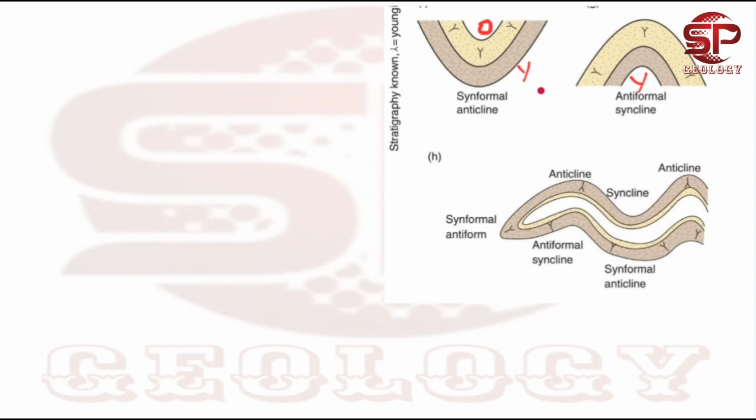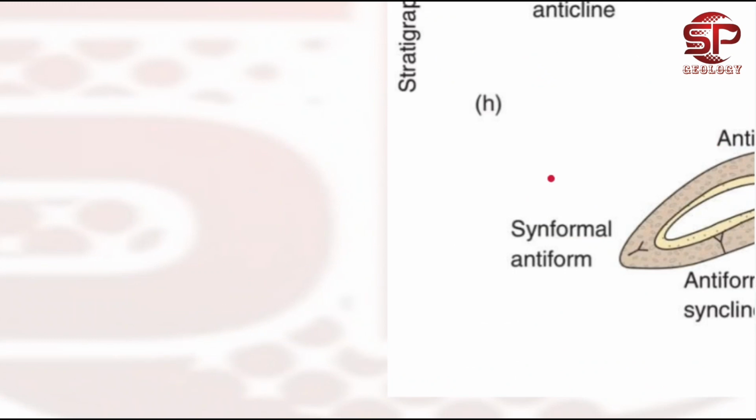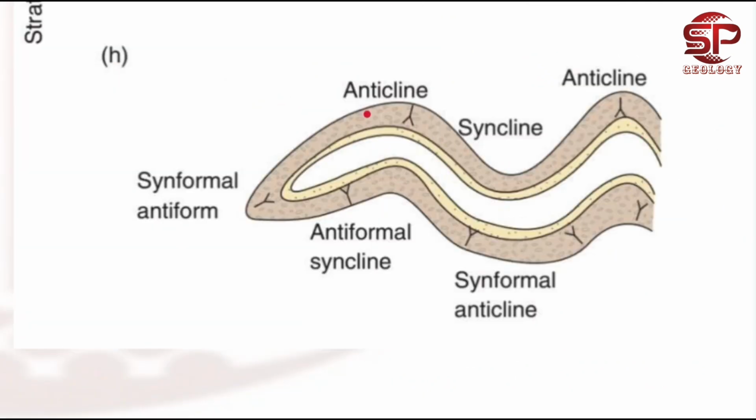So these types, synformal anticline and antiformal syncline, indicate an overturned condition. जो कि बेड रा overturned है. Like this bed, देखो एमती overturned है ये.